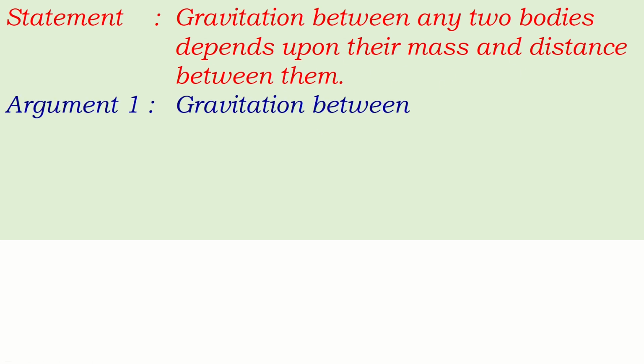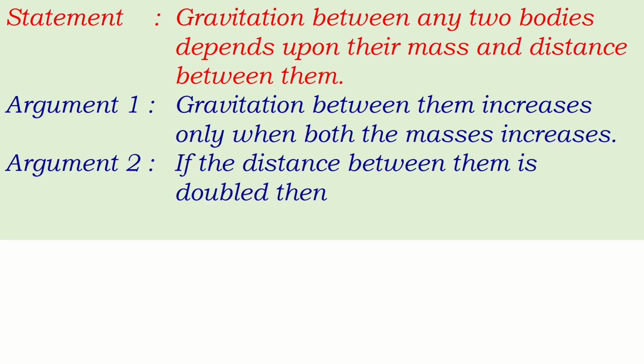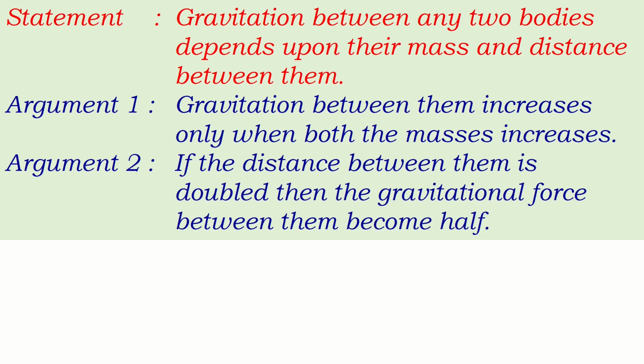Now the second, argument 1: gravitation between them increases only when both the masses increase. Is this correct? There is another argument also. Argument 2: if the distance between them is doubled, then the gravitational force between them becomes half. These are the statement and arguments. Now think about this and get the correct option from the given options.